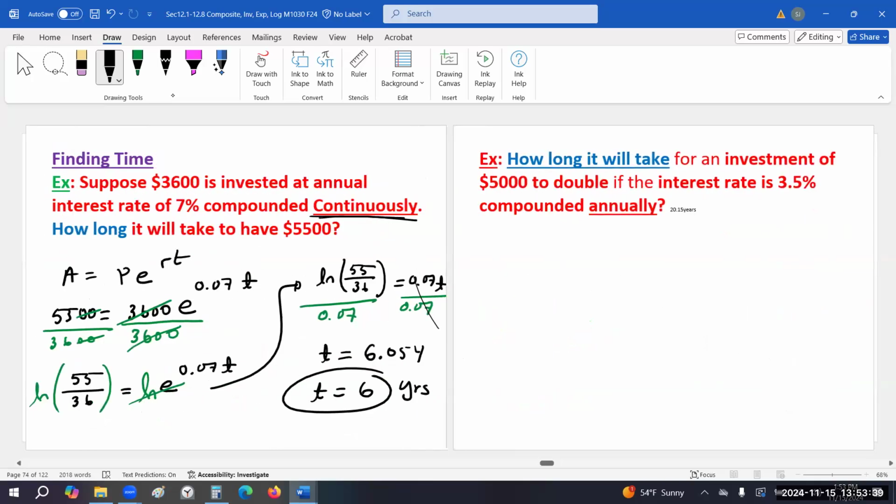I have one more. And it's not continuous, but we are still finding the time. This time we are not compounding continuously, but we are compounding annually. Here's our last example from real life.